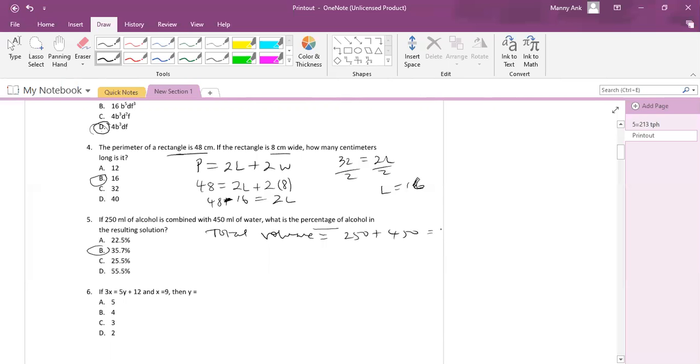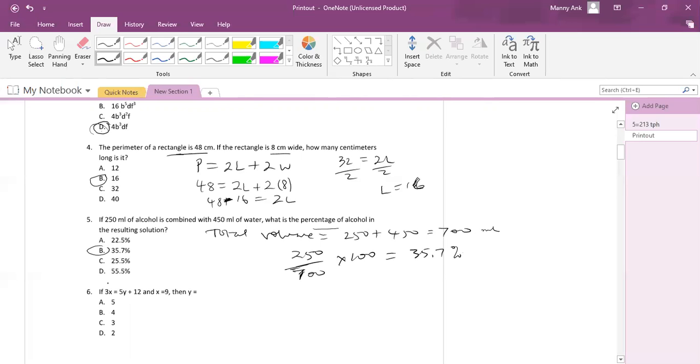So we have a total volume of 700 ml. So what percentage does the alcohol form? The fraction of alcohol is 250 out of the 700. Okay. So if I multiply this by 100, I'll get a percentage. So that gives you 35.7%. Total volume first.